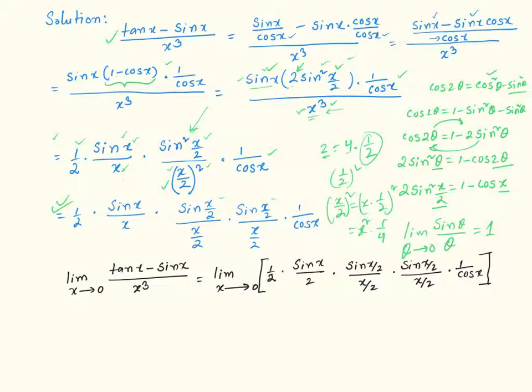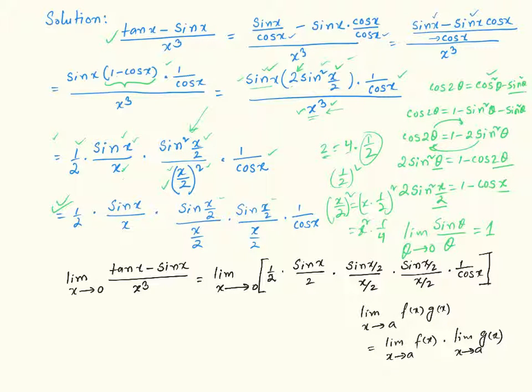The limit as x approaches 0 of (tangent x minus sine x) over x cubed is going to be equal to the limit as x approaches 0 of this whole thing inside the square bracket. Now remember the product rule for limits: the limit as x approaches a of f(x) times g(x) is the same as the limit as x approaches a of f(x) times the limit as x approaches a of g(x).